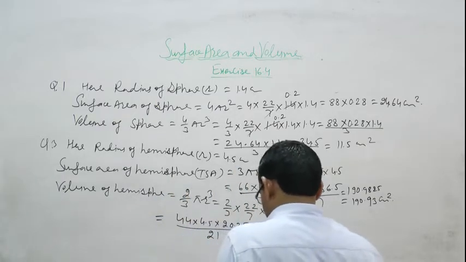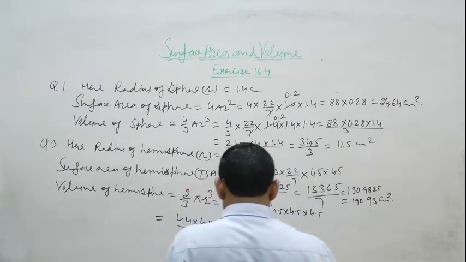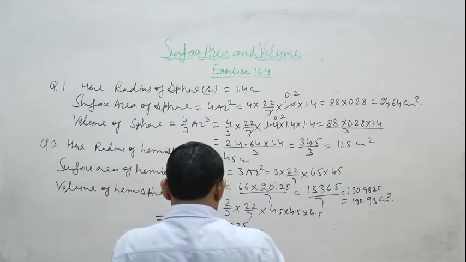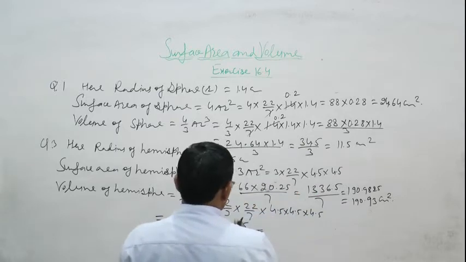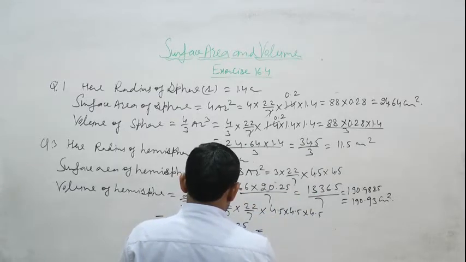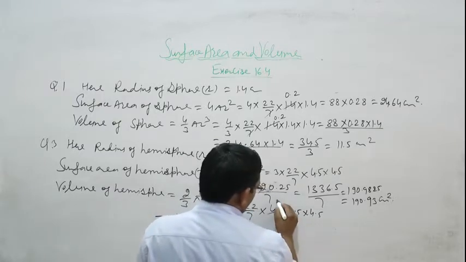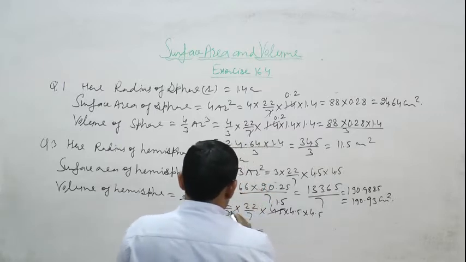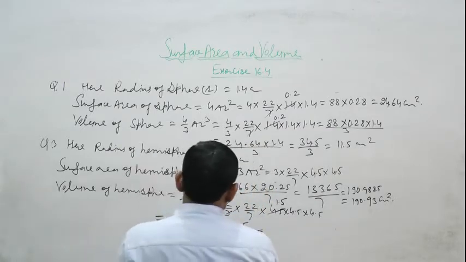Then we can also simplify: 3 cancelled by 4.5 is 1.5, so we get divided by 7.